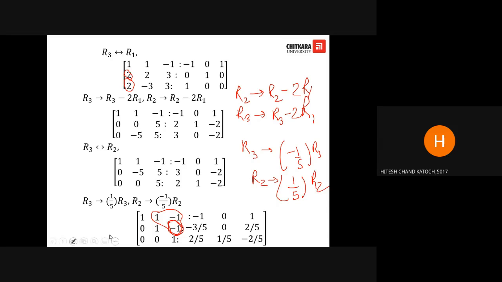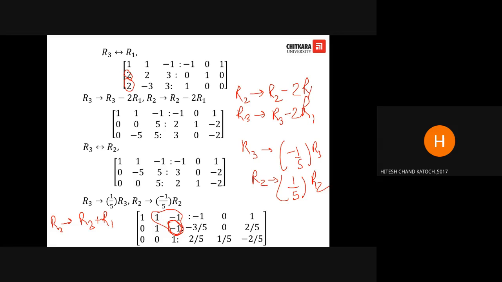Ma'am, R2 implies R2 plus R1. Sure, R3, beta? Ma'am, sorry, R3. Why not R1? Tell me, beta, why not R1?